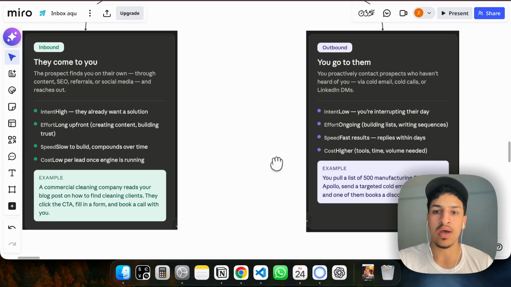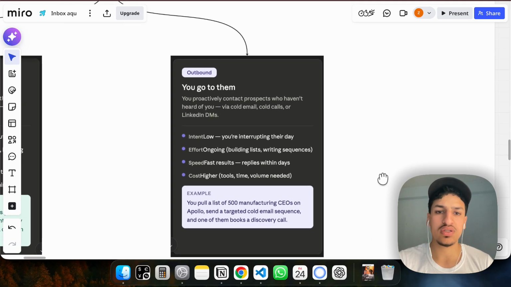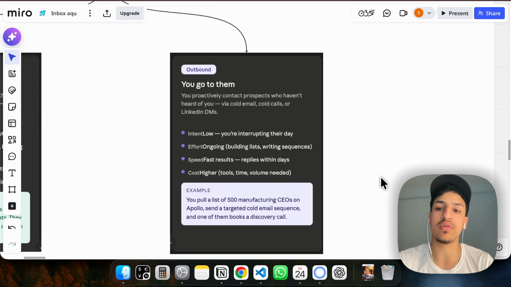And the second thing is outbound leads, which is where you go for them. You go for someone who doesn't know you, doesn't know anything about you, and you offer them your solution or your offer.